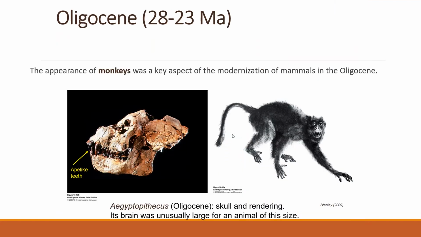The Oligocene, which is 28 to 23 million years before present, is important because we're going to start to see the appearance of monkeys. This is a key aspect to modernization of animals in the Oligocene. Monkeys are important because they have a relatively large skull, so their brain is unusually large for an animal of their size. If you compare animals of similar mass, they typically have a certain fraction of their mass in their brain.